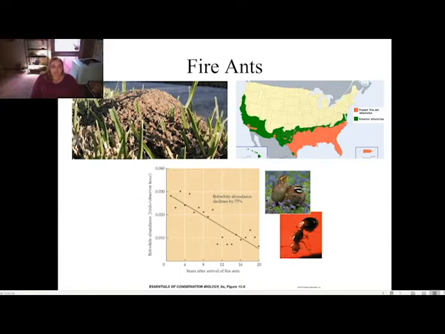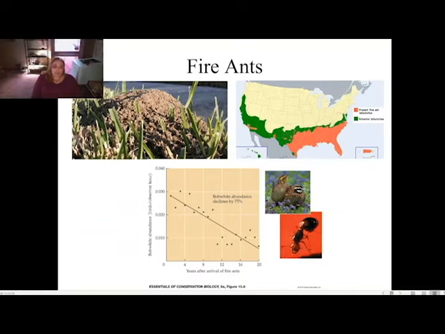They mostly impact the native insects, but they also impact a lot of our ground-dwelling vertebrates. One species in particular that has been very negatively affected is the bobwhite quail. They're affected because they nest on the ground, and these ants will actually go into their nests, invade and take over, and kill all of their young.